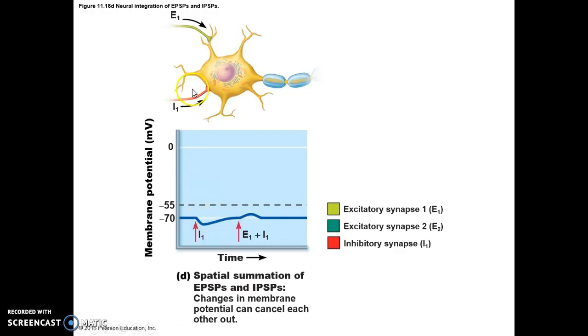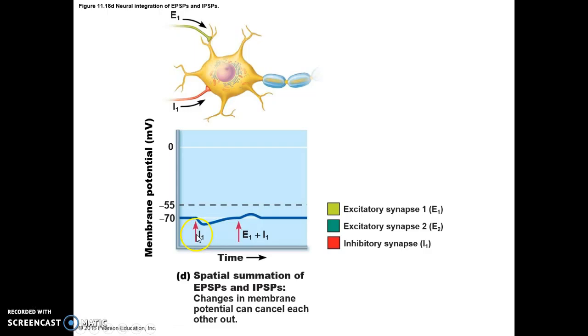In this case, if we have an excitatory stimulating at the same time as an inhibitory, they are working in opposite directions. So whichever one dominates is the one where you're going to have the overall effect. If the stimulus of E1, excitatory, is stronger than the stimulus of the inhibitory, then you're going to have a net positive deflection, but not fully because you had the opposing actions of the inhibitory.